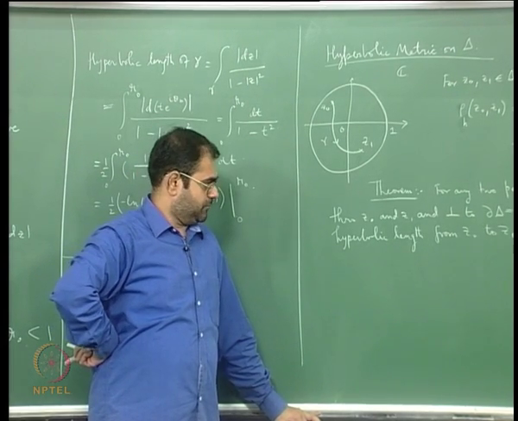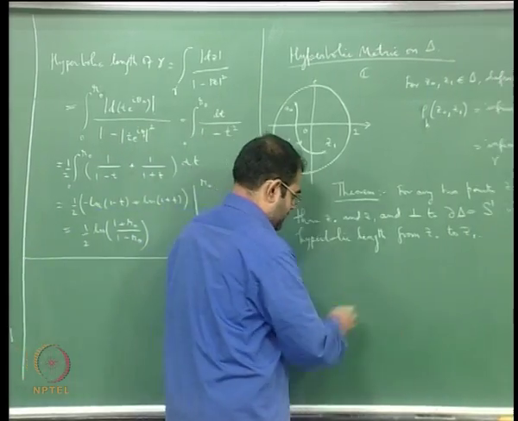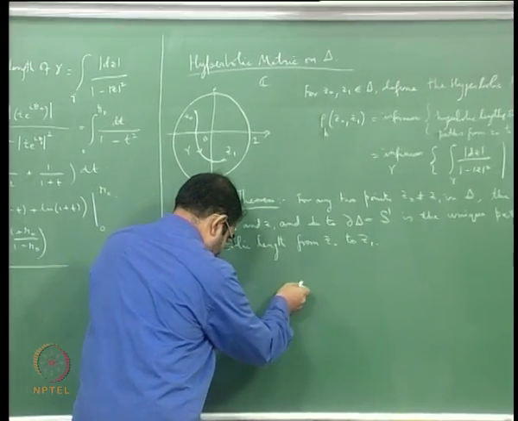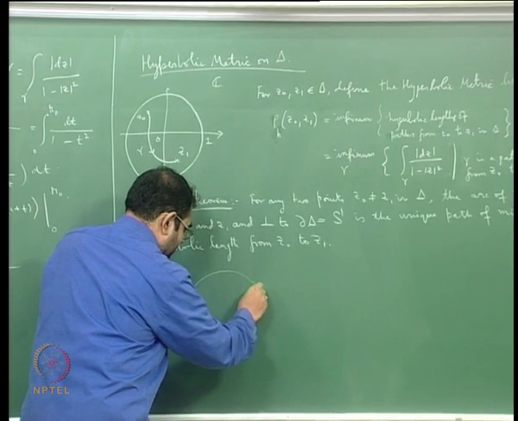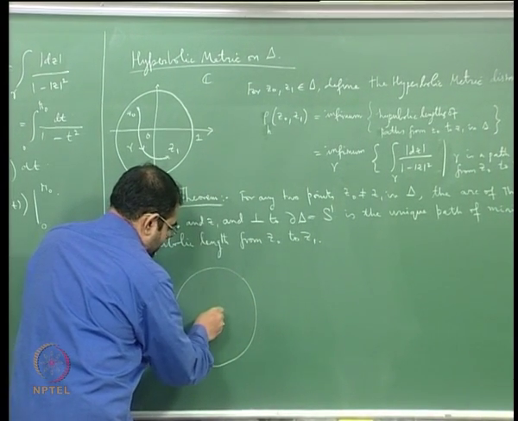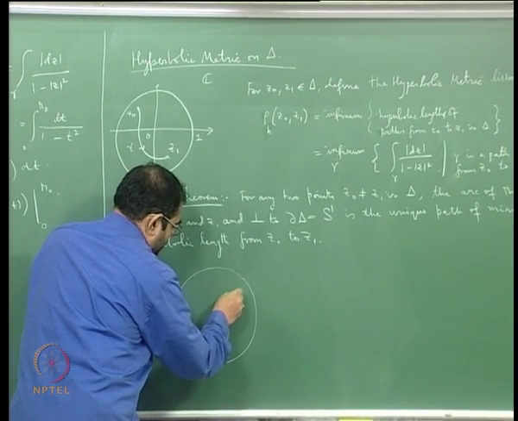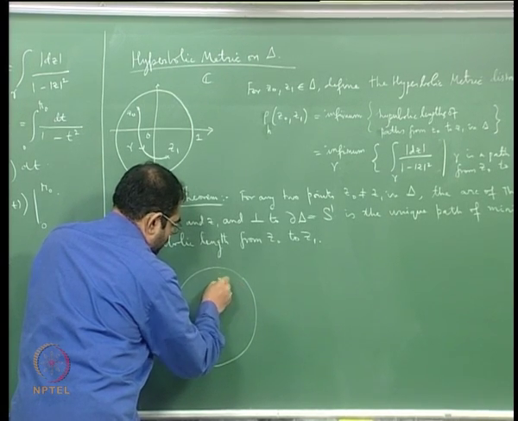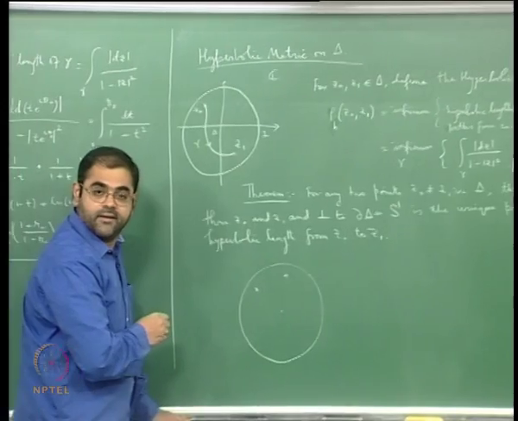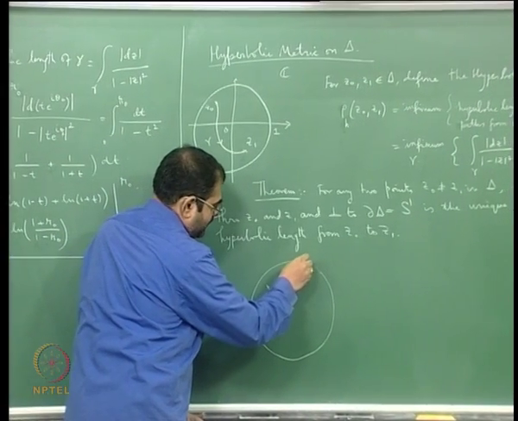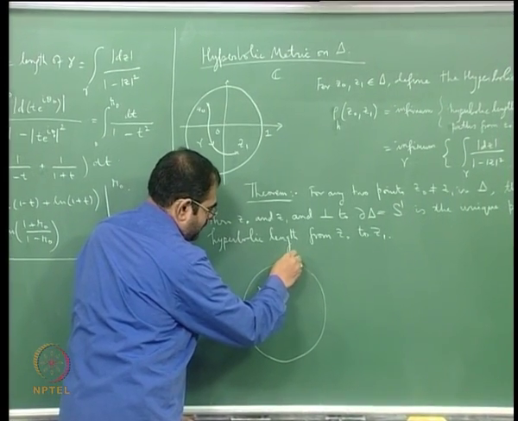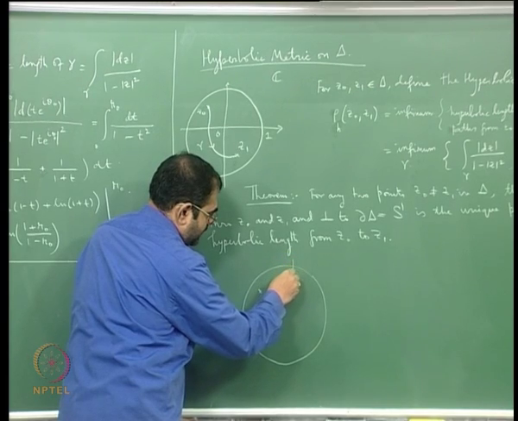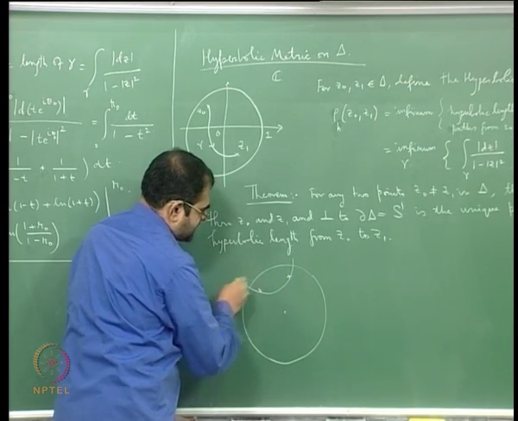Alright, so the picture is like this. If I take the unit disk, and if I take two points like this, then my hyperbolic geodesic will be something like this.